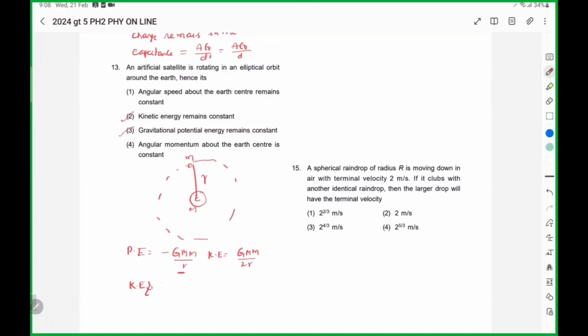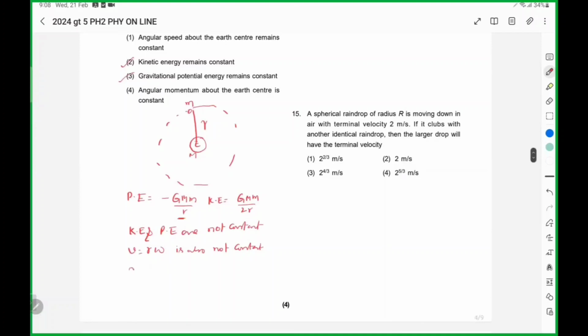So kinetic and potential energy are not constant. Angular speed also depends upon r, so it is also not constant. What is constant? There is no external torque, because the force of attraction is internal as the satellite moves around the Earth. So dL by dt is 0, which implies L is conserved.